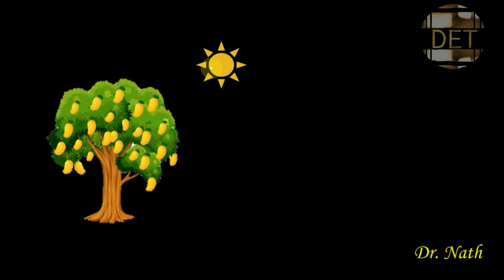So when sunlight hits this plant, the 6 molecules of carbon dioxide present in the plant will combine with 6 molecules of water, and what is combining them is that sunlight energy.